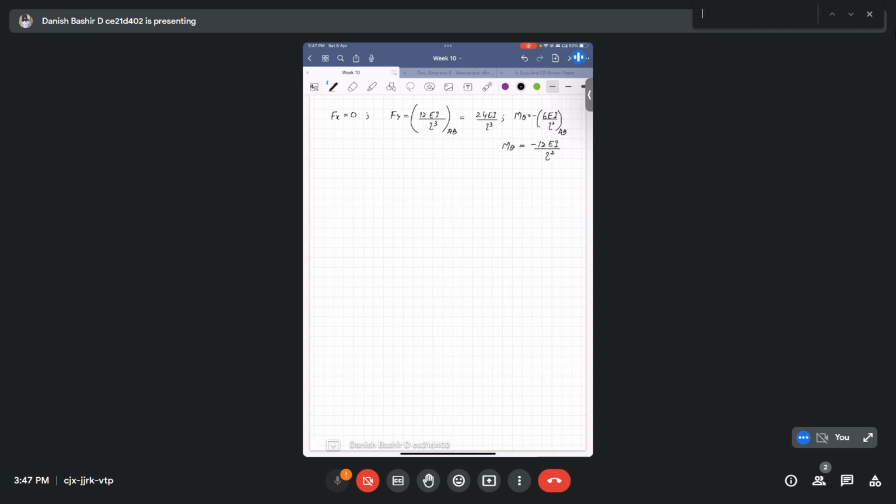So finally we have theta to be 1 radian, and along x and y we have del x equals 0 and del y equals 0.